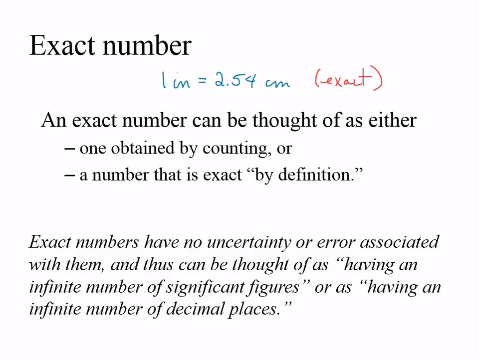This is exact by definition, so there's no uncertainty there. Let's talk a little about the metric system. 1 kilometer is equal to how many meters? 1,000. Yep. You got it. That's also exact, for the same reason 1 inch is exactly equal to 2.54 centimeters. That's by definition. So, exact numbers by counting or exact numbers by definition.